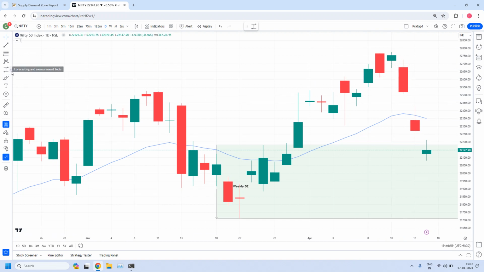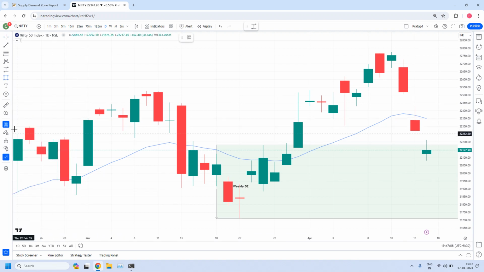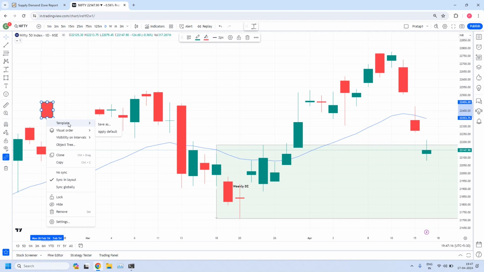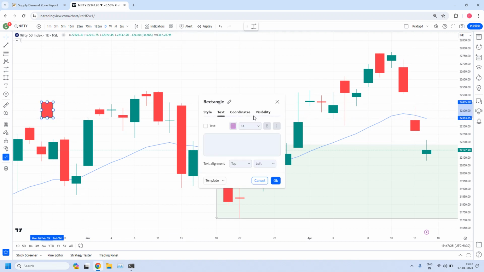Just to tell you people, are there any rectangles here? Let me, because I want to give you a better explanation. See here, there is a rectangle. Let me change the color. Where is the color style?